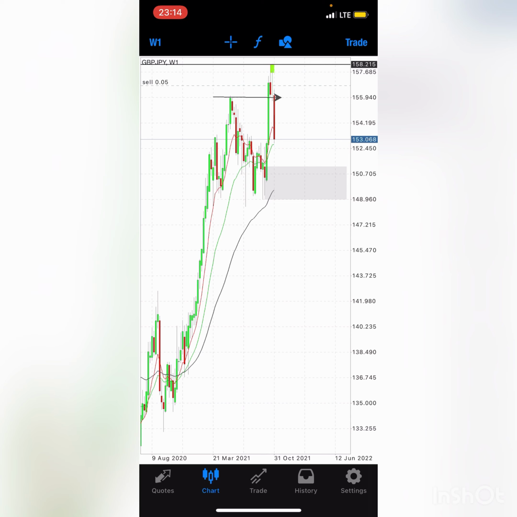So let's get into the charts. And as you can see, I am on GBP yen, Great British Pound yen. This is the weekly chart. I do have a trade currently running. It's a week in, over a week in. So I'll be showing you guys my reasons for entering, and my mental process when I went into this trade.